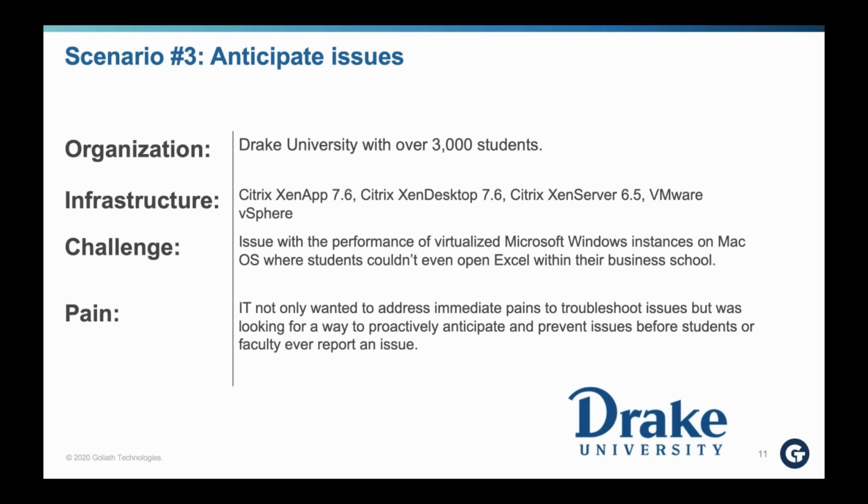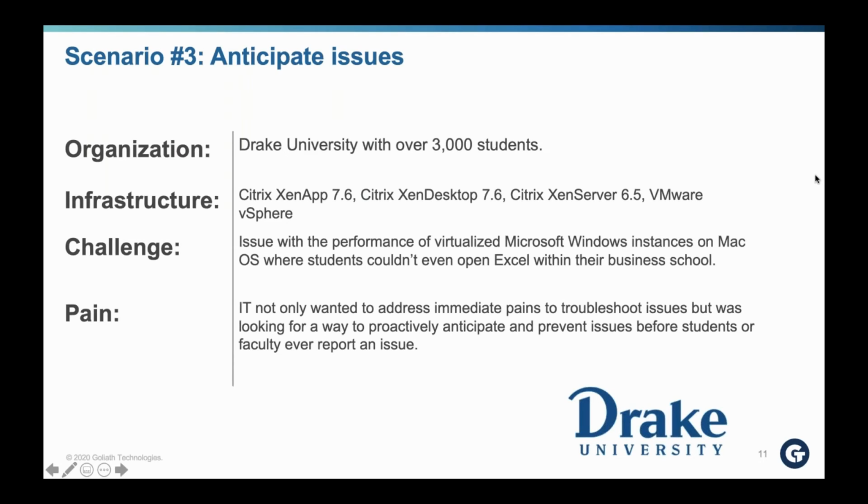So they wanted a technology that was going to tell them exactly when these issues were going to take place, so that they could get ahead of those issues and fix them before it impacted their end users. And that's what they got with Goliath.